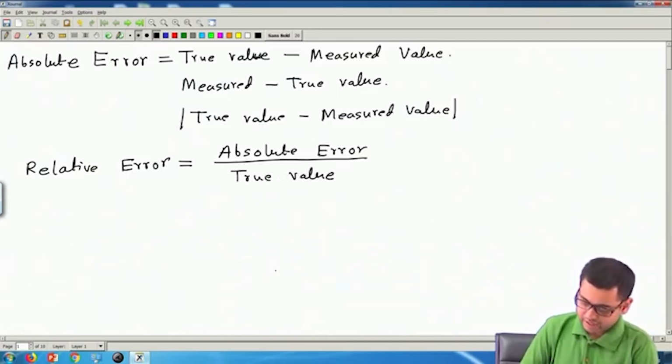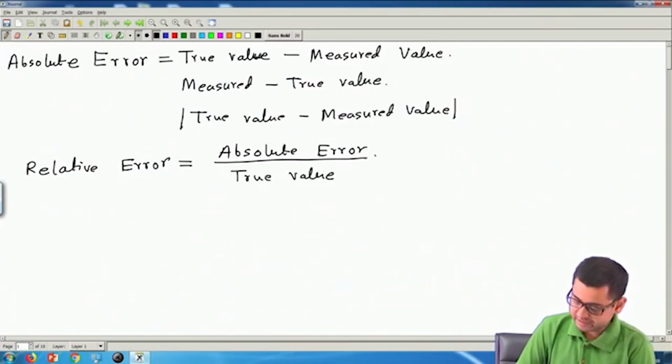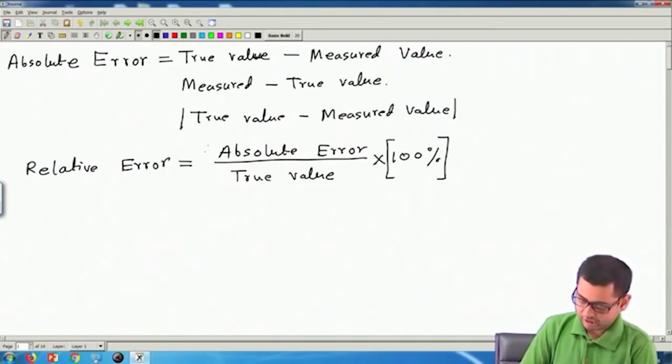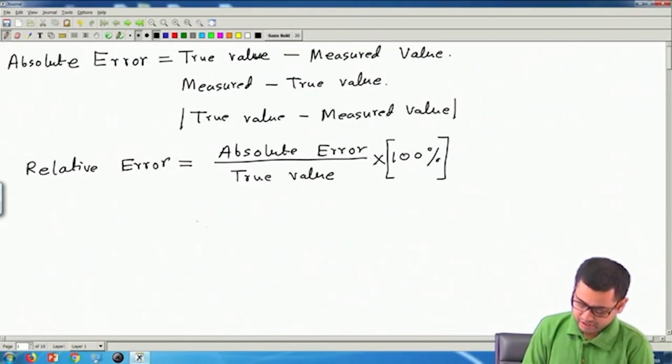If you want to express it in percentage, then you can multiply it with 100. This is optional. You can express it either in percentage or in per unit, so depending on the way you want to express it, you multiply with 100 or not.